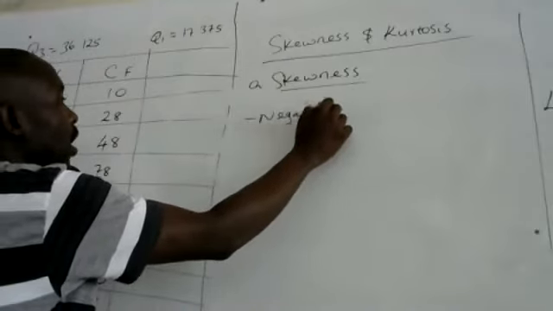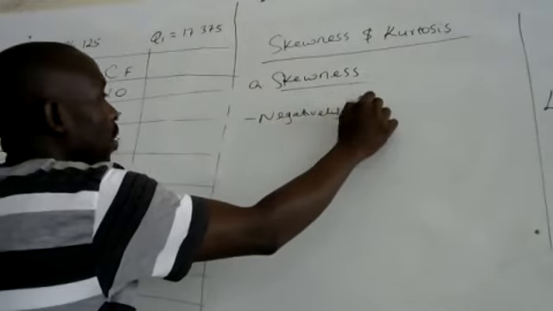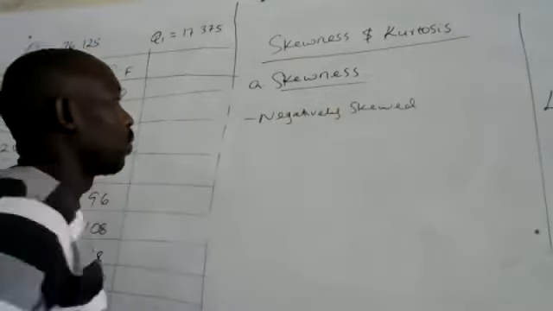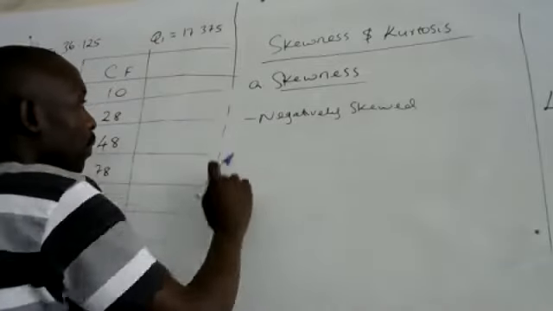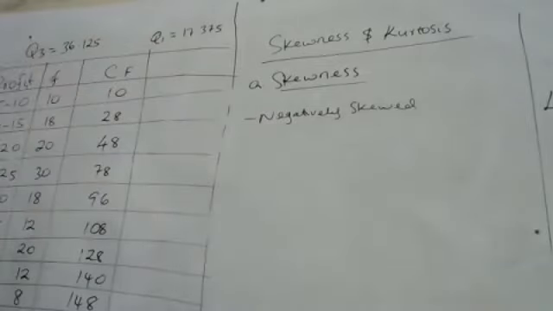negatively skewed, i.e. majority of the data are towards the right.